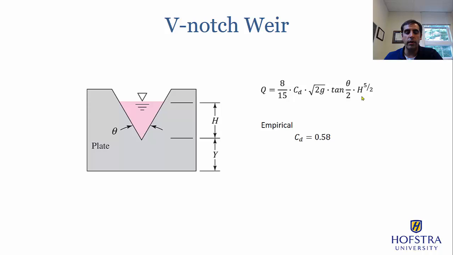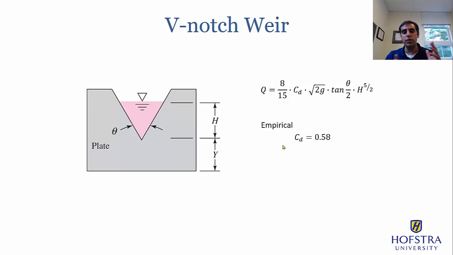Again, we need to know the height H, which in this case is the height between the water level and the vertex of the notch. Interestingly, a V-notch weir has a constant empirical formula where the discharge coefficient is always 0.58. So we're going to compare what we get to this accepted value of 0.58.